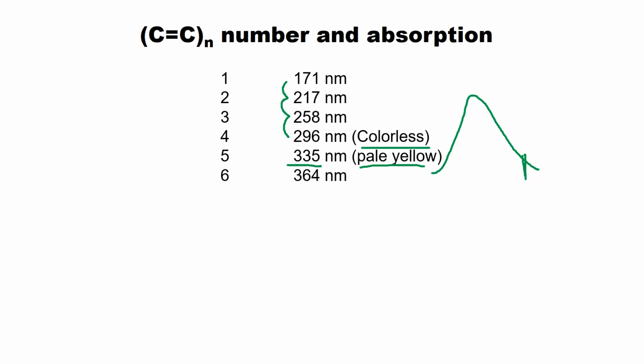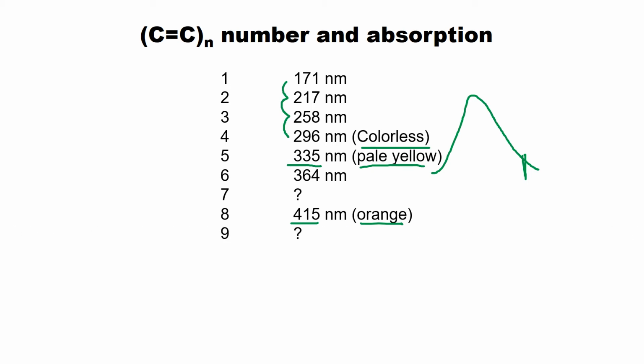How about 6? 364 nanometers. And 7? Well, it may not be synthesized yet, or it's not reported yet. 8 is 415 nanometers. It directly crosses the borderline of visible light, and the color is orange.